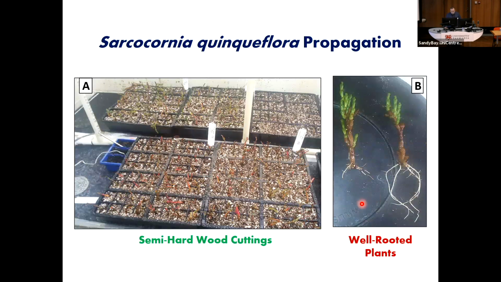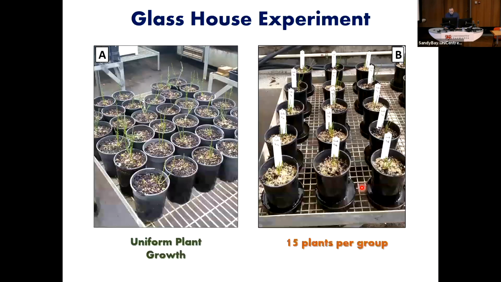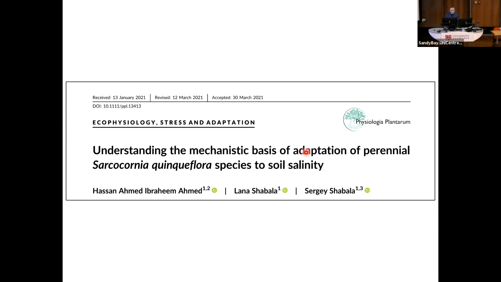The well-rooted plants were transferred to potting mix, and the uniform plants were grouped in 6 groups to be treated with relevant salt concentrations ranging between 0 and 1,000 millimolar sodium chloride. 15 plants were used per group to ensure enough material for the upcoming morphological, anatomical, and physiological analysis. You can find much more about the plant material and the asexual propagation in our paper published earlier this year.